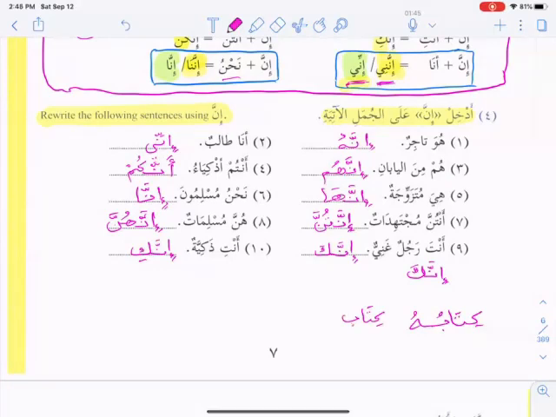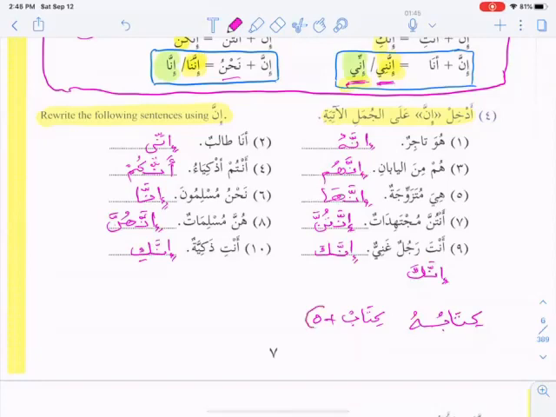Kitabu plus hu. If I ask you what is kitabuhu, I'm sure you will say it is mudaf ilayhi. And mudaf ilayhi is always majroor.